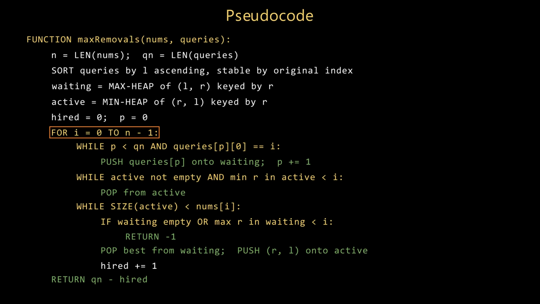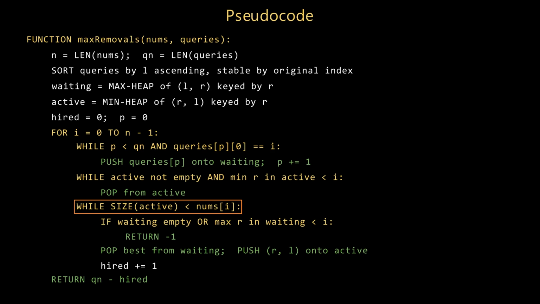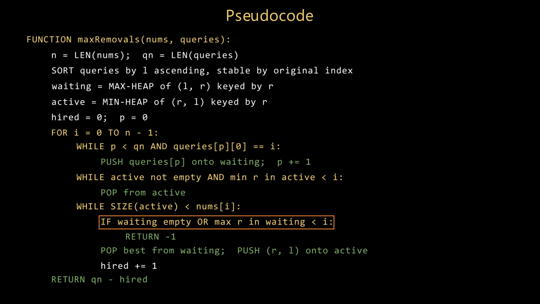For each index I from 0 through n-1. While the next query opens at column I, push that query onto waiting and advance p by 1. While active is not empty and the smallest active R is less than I, pop from active because that interval no longer covers I. While the number of active intervals is less than nums at I: if waiting is empty or the best waiting R is still less than I, return -1 since we cannot cover this column.